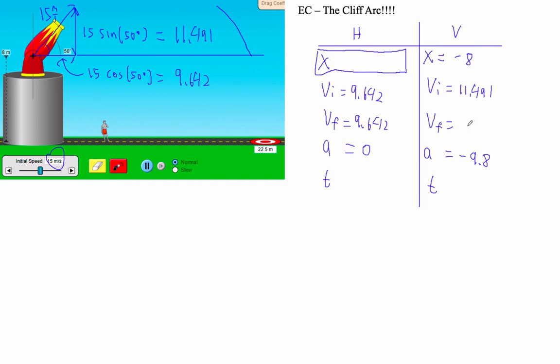Well, ultimately, we don't care what this final velocity is, but if we try to use VF equals VI plus AT to solve for t, it becomes quadratic at this point. So let me just suggest this. First, on the vertical side, use VF squared, the equation with no t.